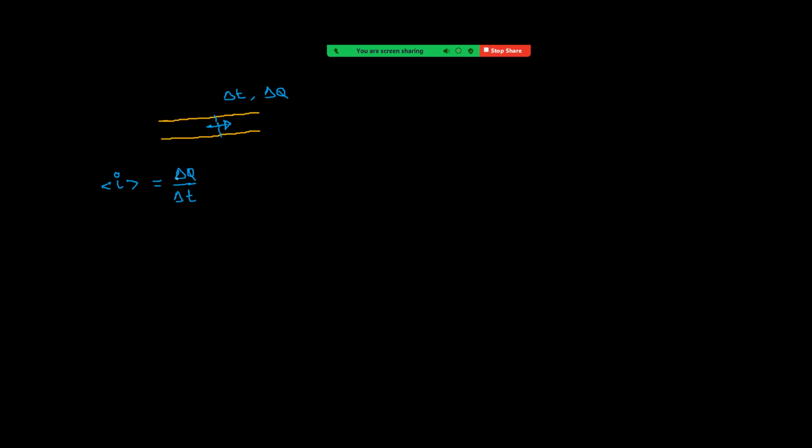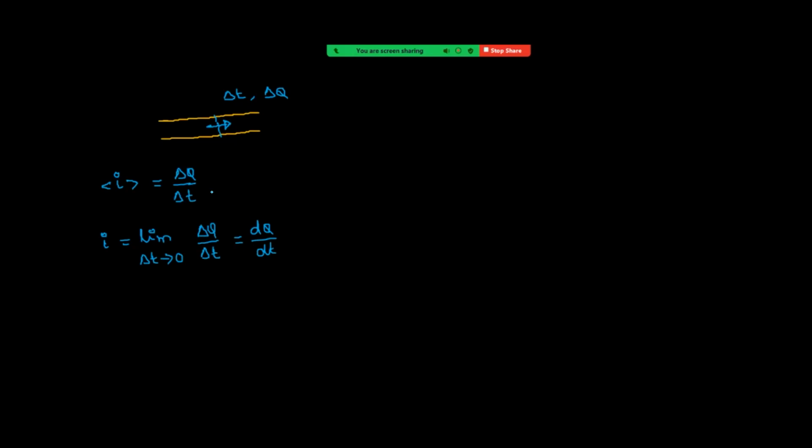So delta Q refers to the net charge passing through a given cross section in a given time interval delta t. After having this average current, we define current. It is defined as current equal to limit delta t tends to 0 of delta Q by delta t, which is equal to dQ by dt.